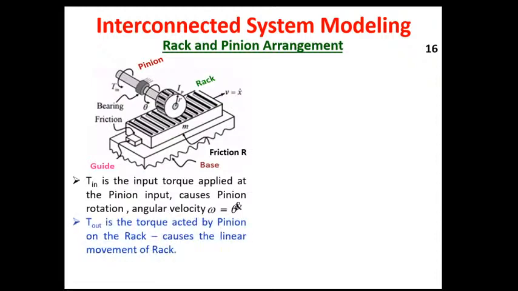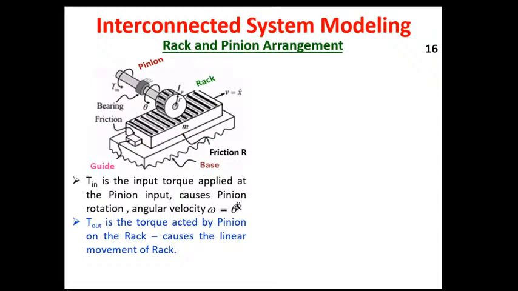T in is the torque given to the pinion system by the external electrical motor, and T out is the amount of torque which is transferred from the pinion to the rack system. T out is the output torque for the pinion, and T in and T out are not the same, because T in minus T out is the torque which is causing some acceleration of the pinion.